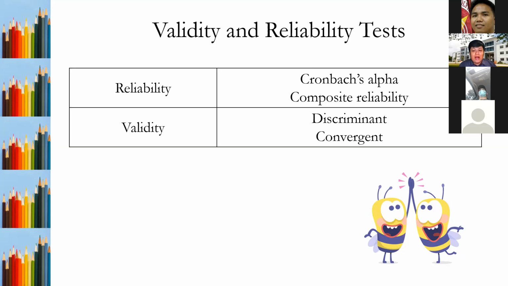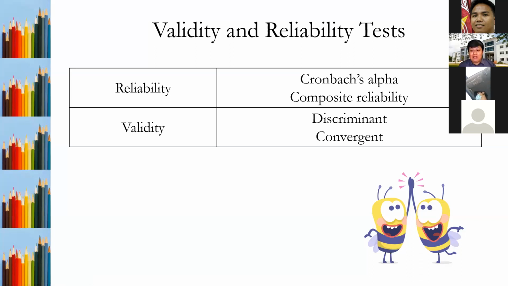When we talk about reliability, the most common statistical techniques that we use in measuring reliability are Cronbach's alpha and composite reliability. On the other hand, in terms of validity, the most appropriate and the most common are discriminant validity tests and convergent validity tests. These are the usual requirement if we want to prove that the constructs that we used in our instrument are reliable and at the same time valid.